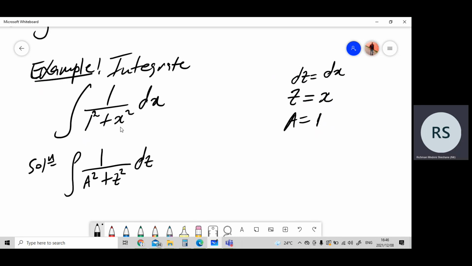So after you complete the square, you choose z such that it's squared in a term that is in terms of x, and a such that it's a constant but also squared. Substitute z and a in your problem to see which formula appears. You want to integrate 1 over a squared plus z squared dz. You have a formula of this form, so go to your formula sheet.